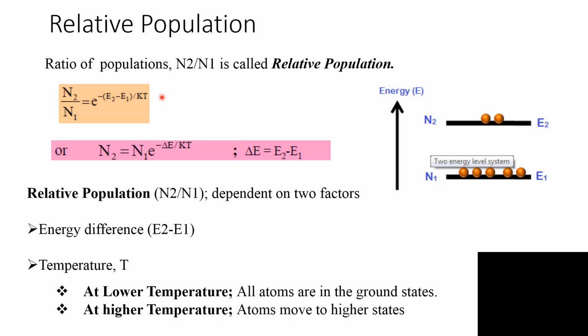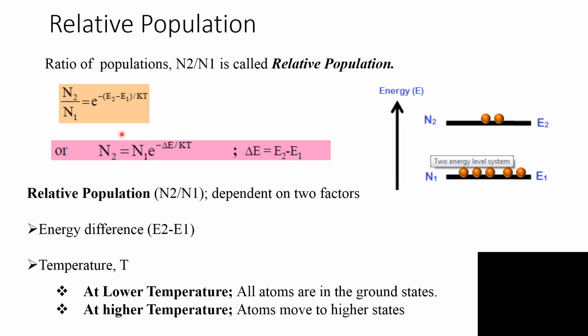In the previous slide we found the populations N2 and N1 by the Boltzmann equation. Here we have taken the ratio, and by taking the ratio we get this equation. In other words, we can write this equation as N2 is equal to N1 exponential minus del E over kT. So what is this del E? This del E is just the energy difference of these two energy levels, E2 minus E1.